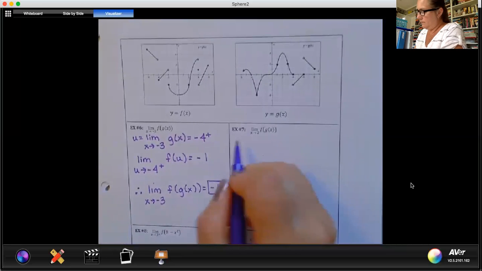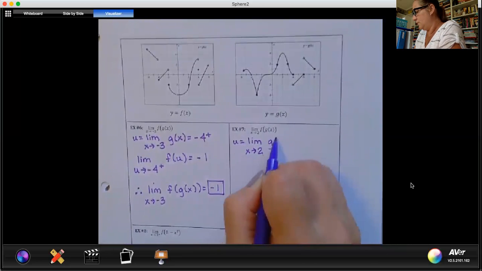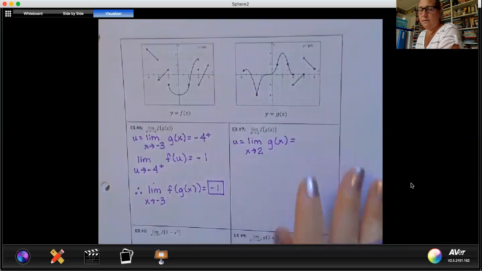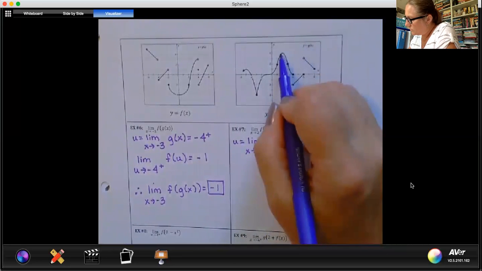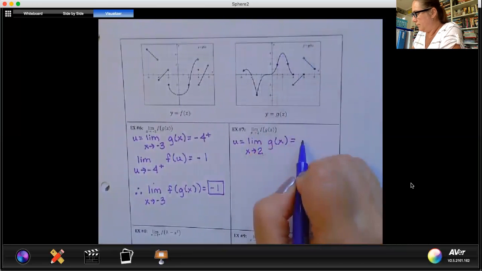Example number 7, u is equal to the limit as x approaches 2 of the inner function g of x. X approaches 2 from the left and from the right would be 4 from below.